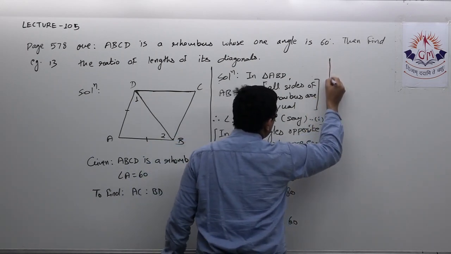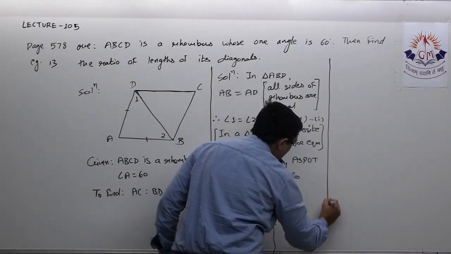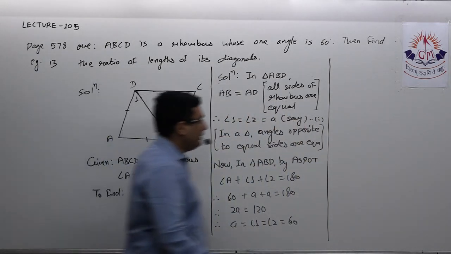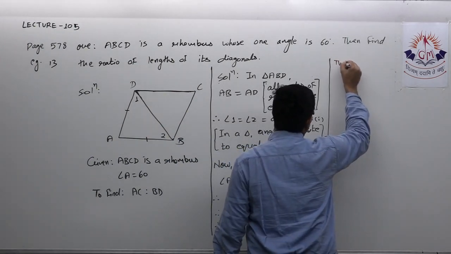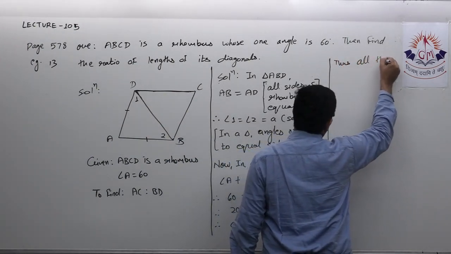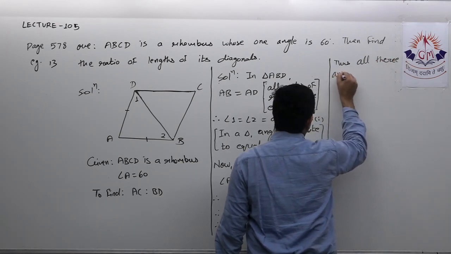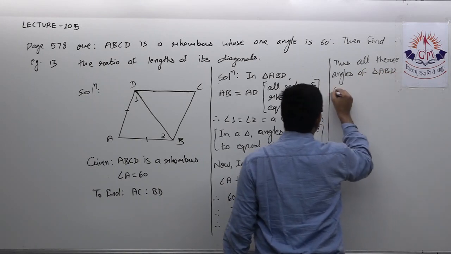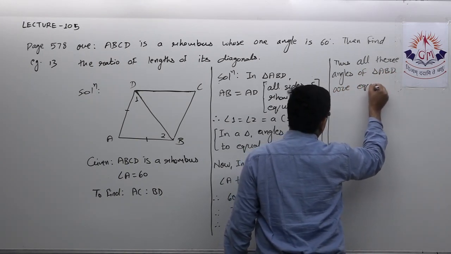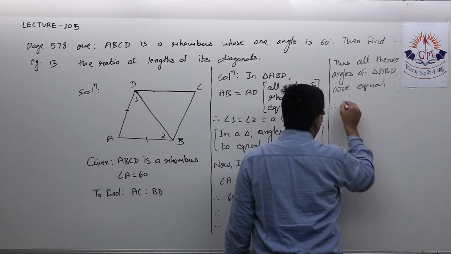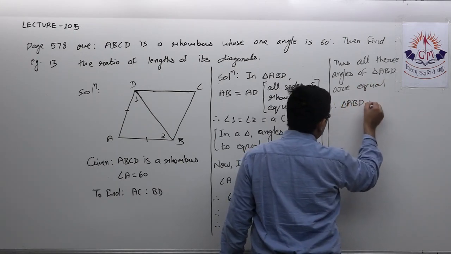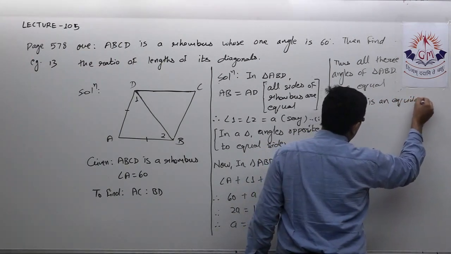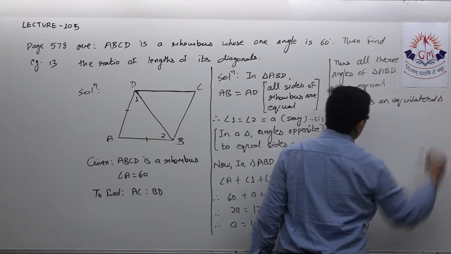Thus all three angles of triangle ABD are equal. Therefore, triangle ABD is an equilateral triangle.